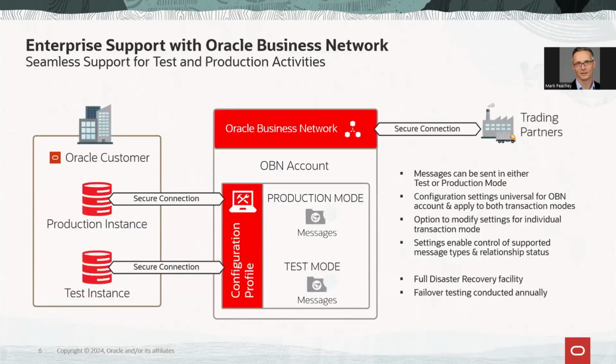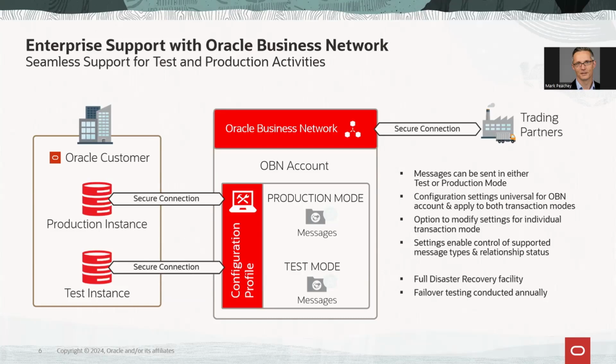A couple of things to note. So there's a single Oracle Business Network node or instance, and each Oracle customer and each of the trading partners that you work with, everybody has to register in order to get an OBN account. The OBN account that you get is a single OBN account that represents your organization.